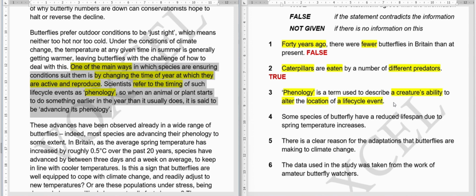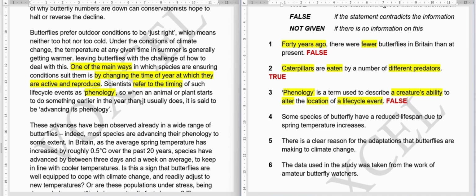Okay, time's up, and let me mark the answer first. Write the answer here, and the answer is false. I hope everybody arrived at the correct answer.